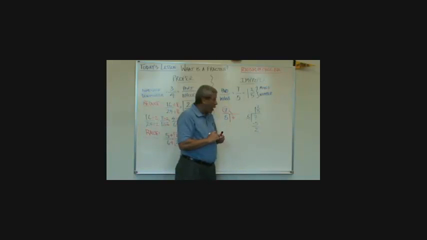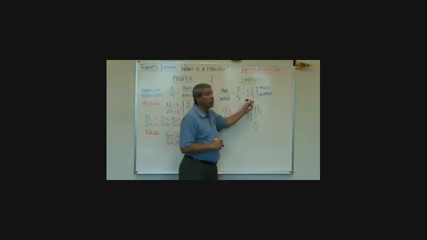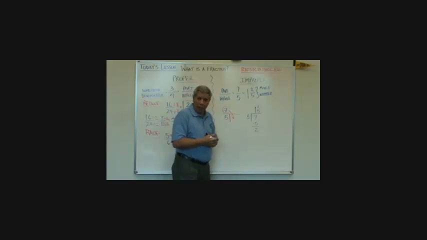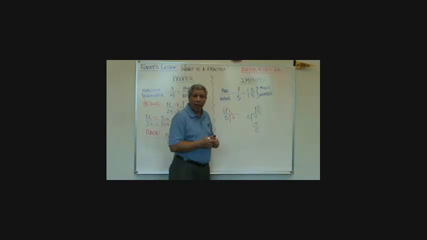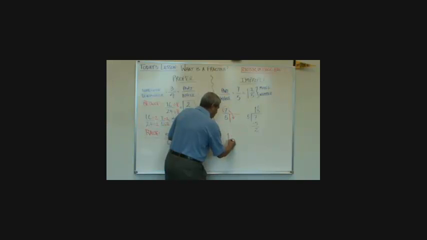Okay? Now, you will need to know how to do this. If you ever got an answer as an improper fraction, you would be required to change it into a mixed number. We also have to know how to go backwards, how to take that mixed number and change it to an improper fraction, okay? I'm sure many of you know this, but let's take a look at it anyway. I have 1 and 2 over 5.